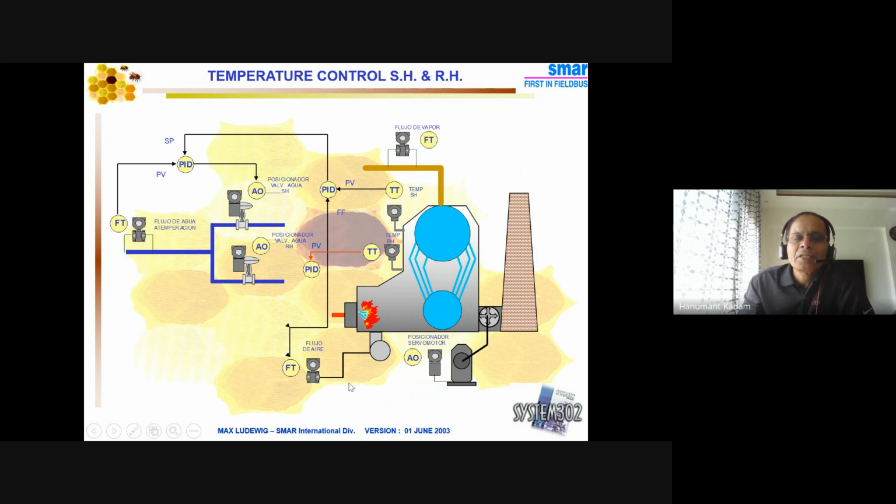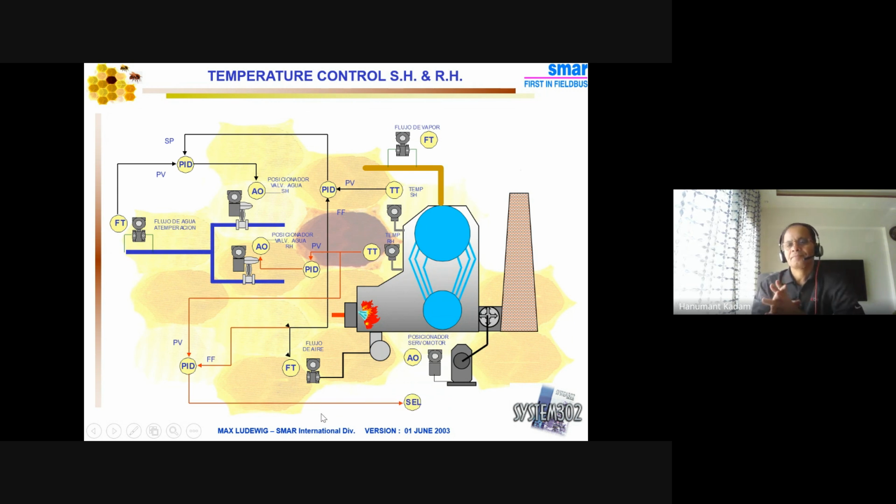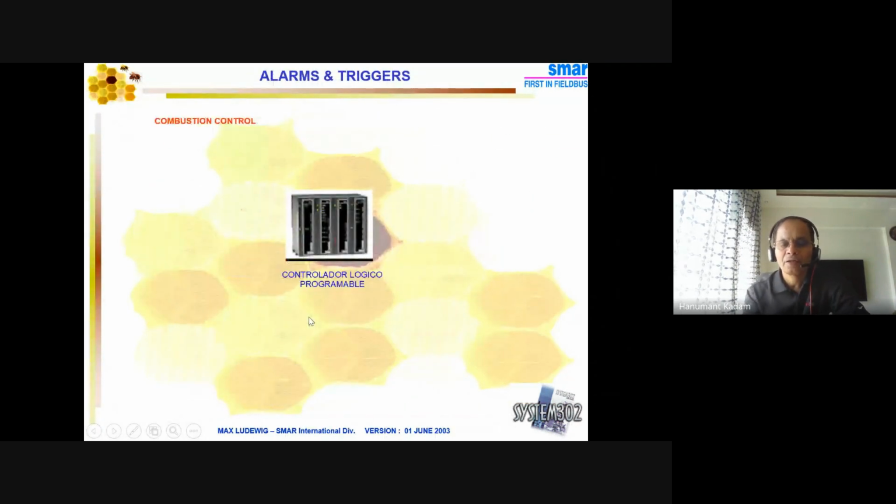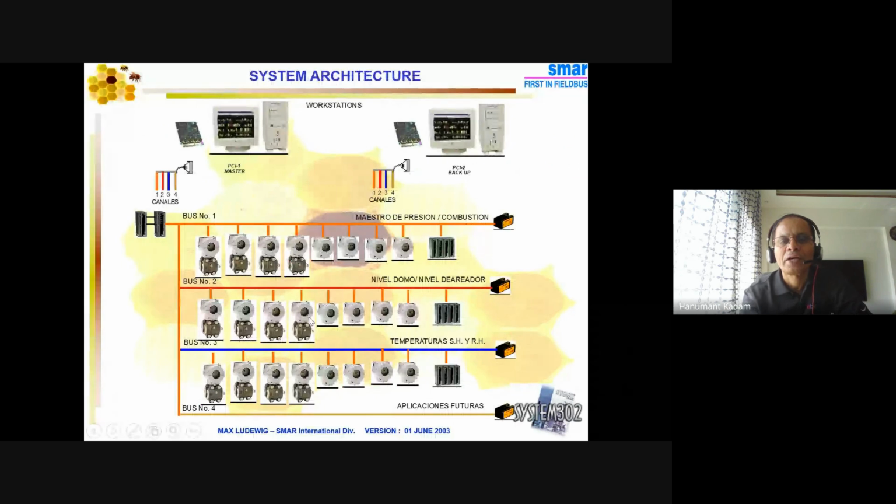In the temperature control, you can see here the device is incorporated like this. So my point is that all these temperature control devices will again be looped here on one network. This is the third network for your temperature control.